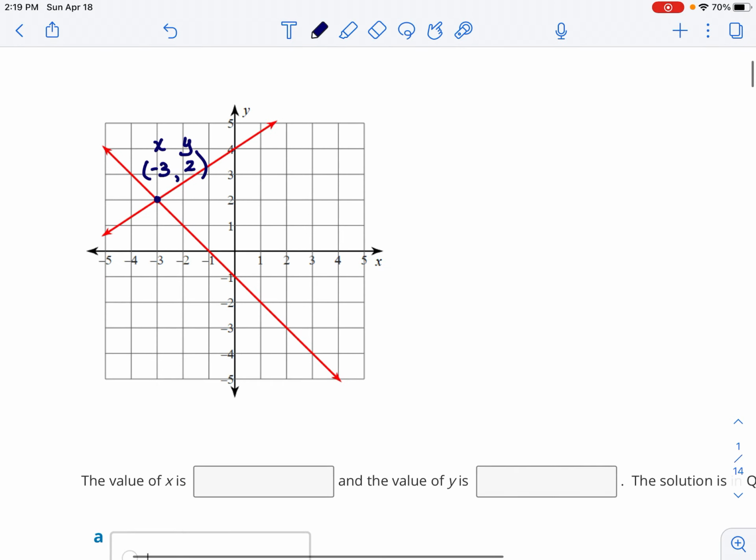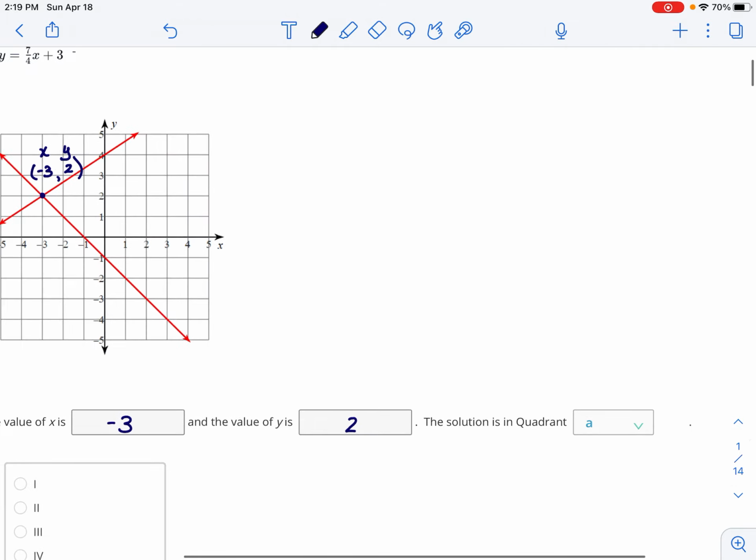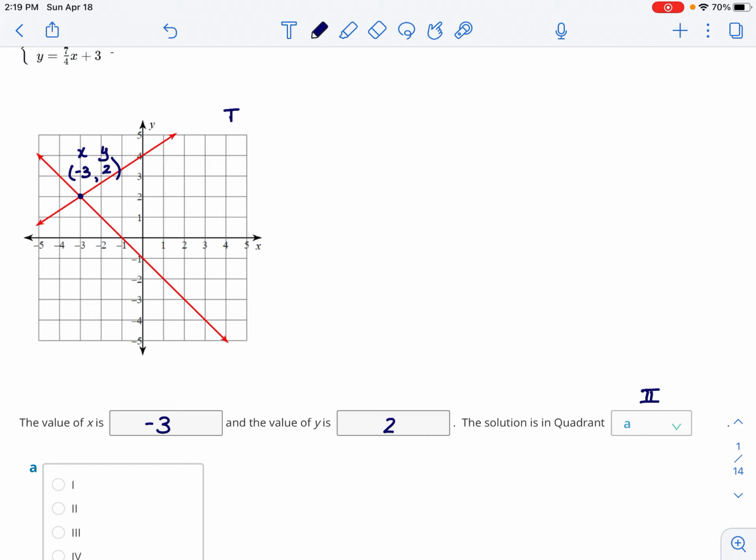So you should have told me the value of x is -3. The value of y is 2. And then, since it was a negative and then a positive, that is quadrant 2. As a reminder, counterclockwise, starting where it's all positive, and then you work your way counterclockwise around the graph. 1, 2, 3, and then 4. So that was number 1.